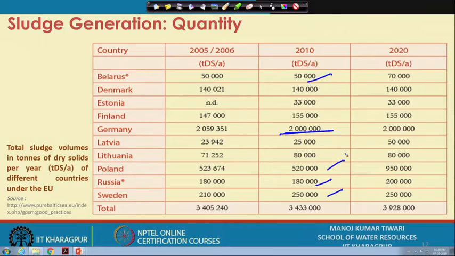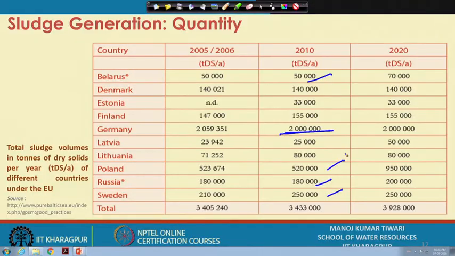If we see the total amount of sludge being produced from China, US and UK, it actually exceeds 2.5 million tons per day. That is the order of magnitude at which the sludge is being produced.